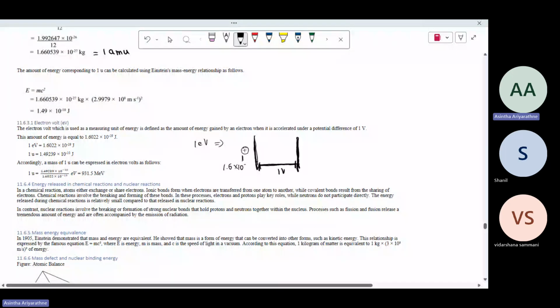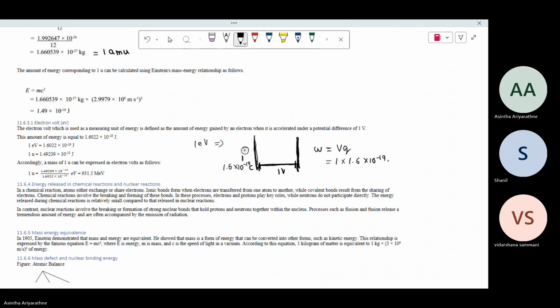Because we know work is equal to voltage times charge, and here voltage is 1 and charge is 1.6 times 10 to the power minus 19 coulomb, 1.6 times 10 to the power minus 19 joule is equal to 1 electron volt.